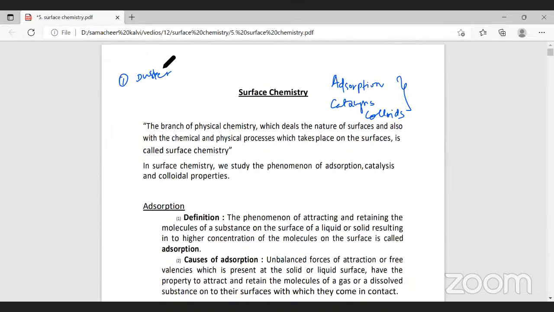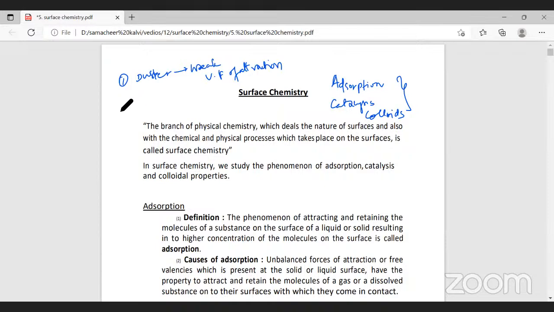Is there any chemical reaction taking place between the duster and the chalk particles? There is no chemical reaction, but it is a weak van der Waals force of attraction which makes the chalk particles get accumulated on the surface of the duster.